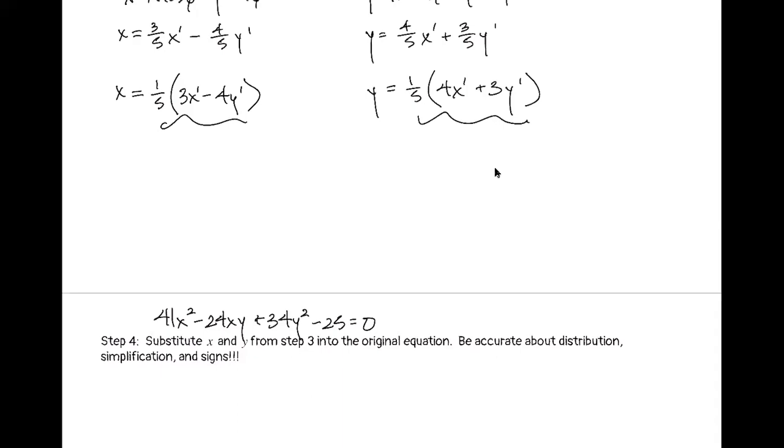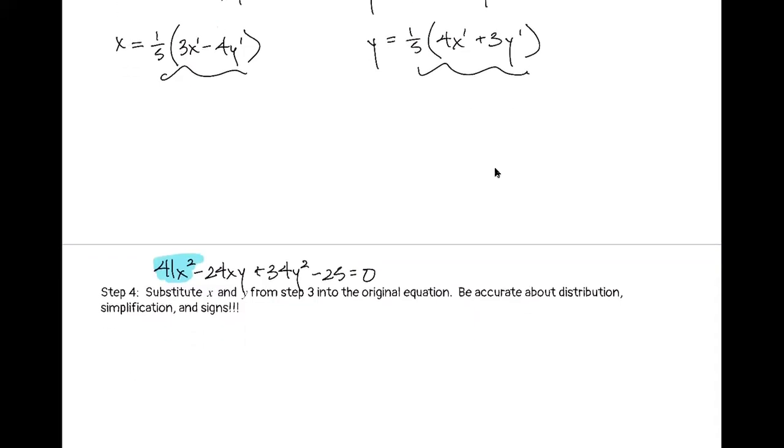I'm going to take the first term, 41x squared, and I'm going to write it here. Across from this is where I'm going to do my substitution.